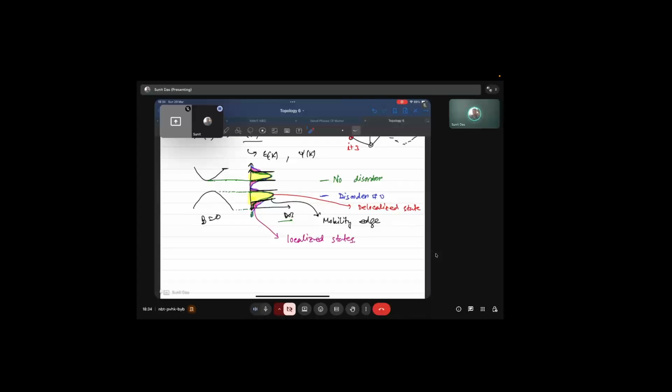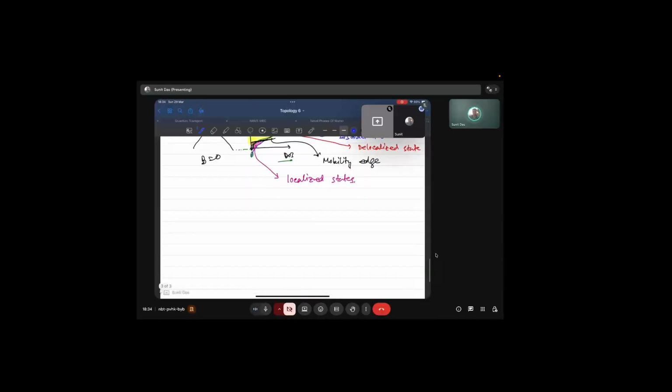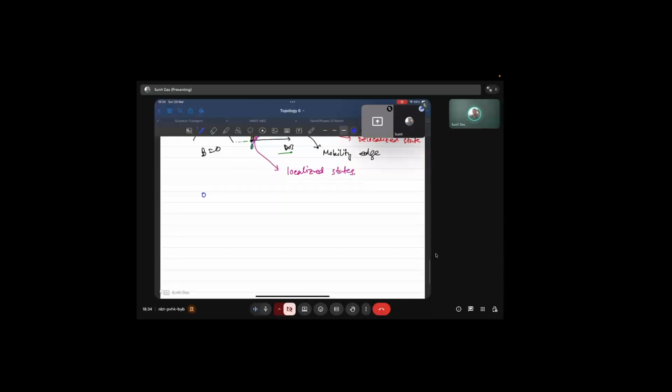So if we think about it more clearly and more easily, suppose you have a periodic system, so these are some atoms in the 1D lattice. I'm drawing it 1D, but the idea can be extended to other dimensions. So initially you had delocalized states. What we mean by delocalized is that the electronic wave function has some kind of this, right?